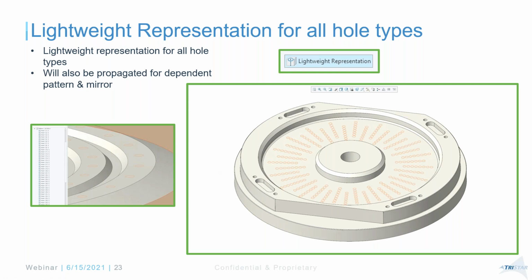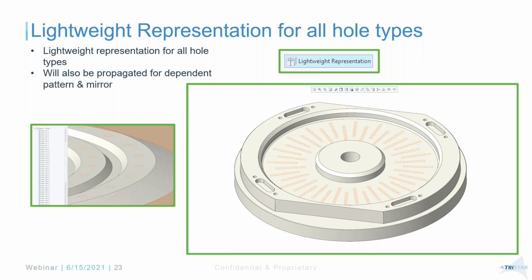And there was an old lightweight hole introduced in the Wildfire days, which I used to use whenever I had large patterns with several holes. I would set that hole to lightweight hole, wherein it'll just show the graphics, but it's not removing material. For the 2D drawing, it might be okay, right? For manufacturing, the hole table and the hole callouts are all they care about.